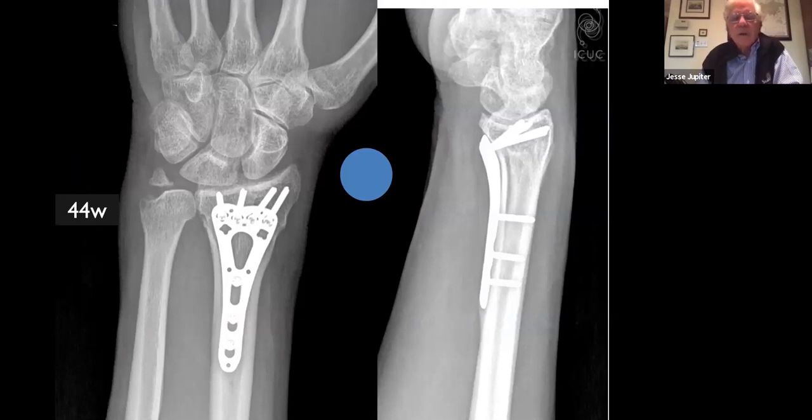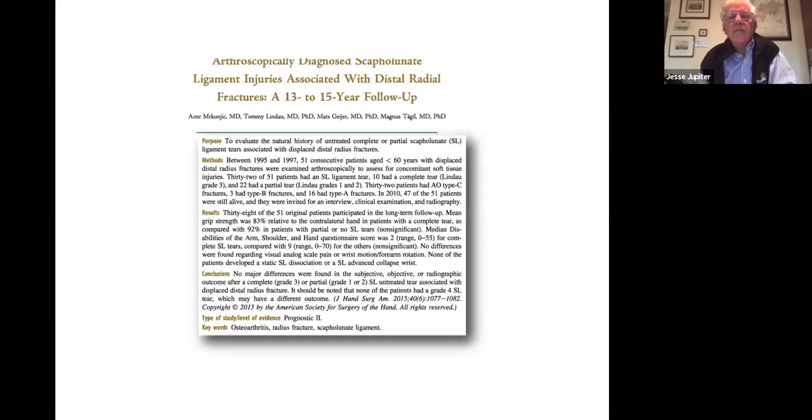So it's not very common, and the telling thing about that was in this study by Lindau's group in Sweden, where they looked at 51 consecutive patients and 32 of 51 had SL ligament tears.